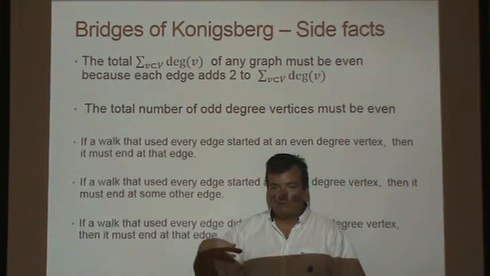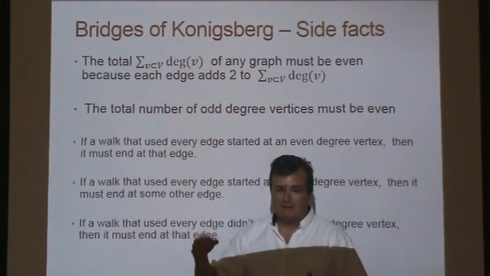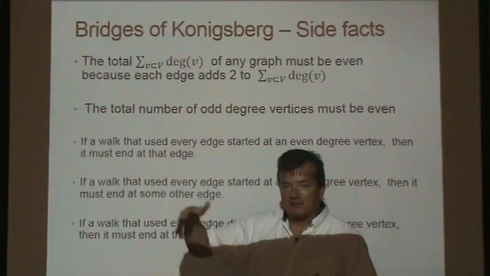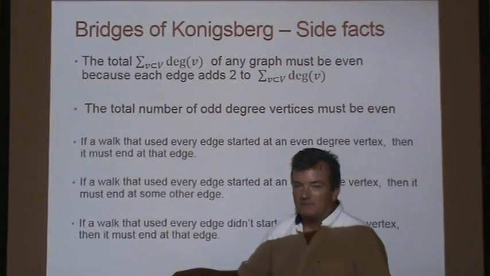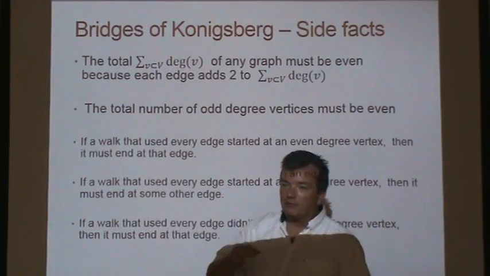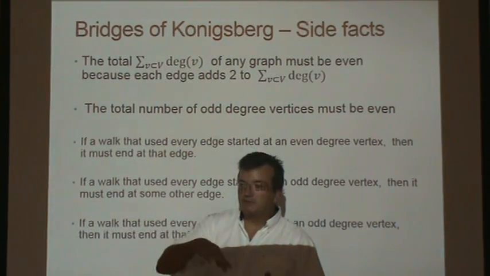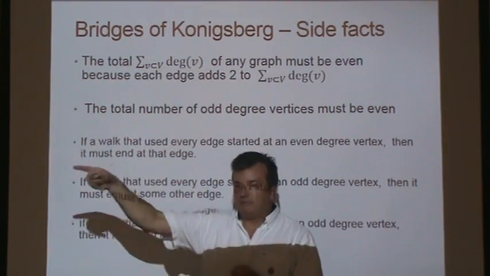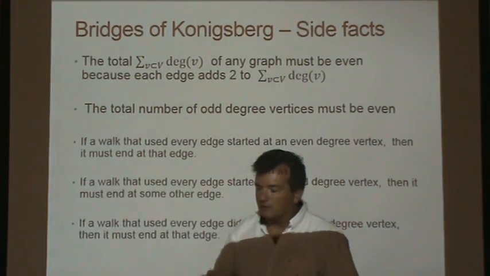So where would that walk finish? Either at that vertex or at some other vertex. Yeah, it would finish at some other vertex. Right, if the degree is odd, and you started at that vertex, you would have to finish somewhere else if you want to hit every bridge once.